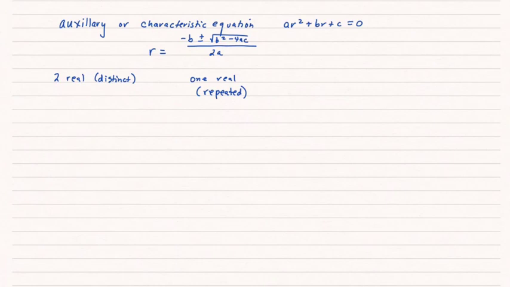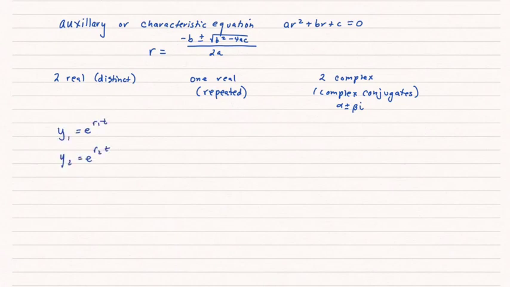And finally, we can get two complex solutions. Not only are they complex, they're going to be complex conjugates. That is, they're going to be in the form of alpha plus or minus beta i. The real portion will be the same, the imaginary portion will be the same. All that's different between the two solutions is one is adding the imaginary portion and one is subtracting it.